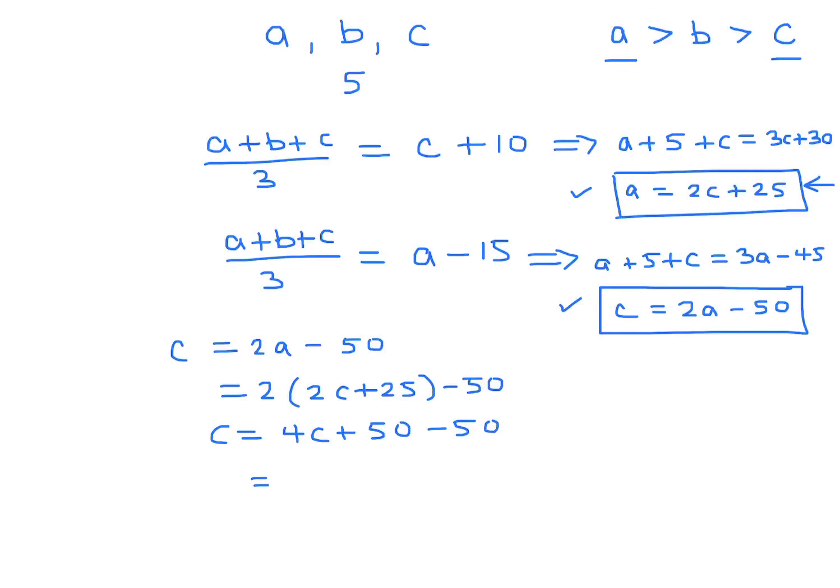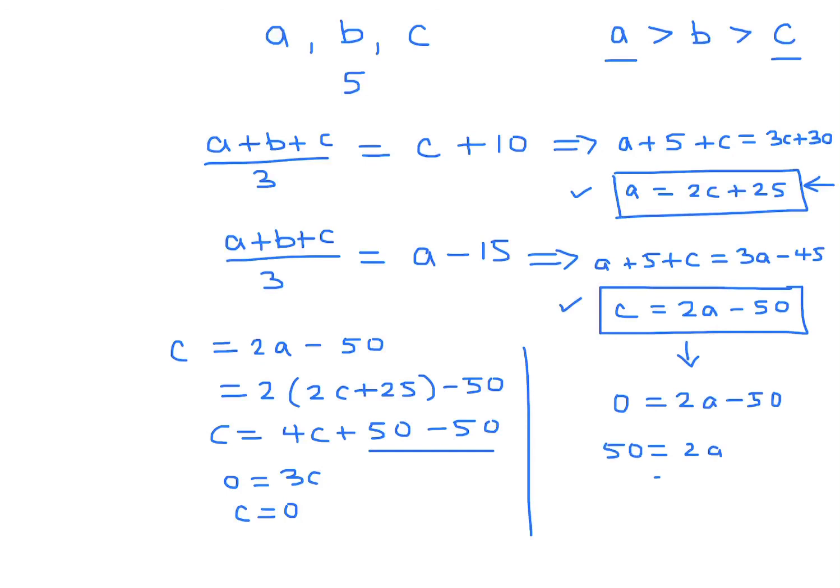And this looks like the 50s go, and this becomes 3C is equal to 0. So C is equal to 0. All right. And if C is equal to 0, then from here we'll get 0 is equal to 2A minus 50. And therefore 2A is equal to 50, and A is equal to 25.